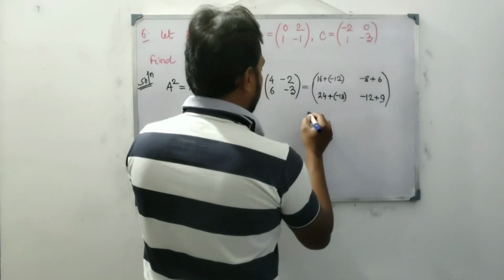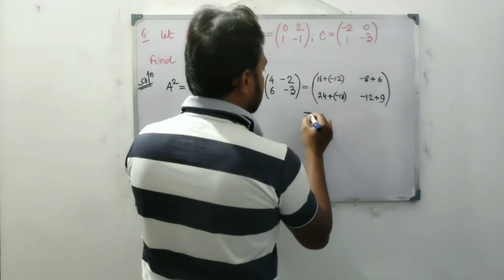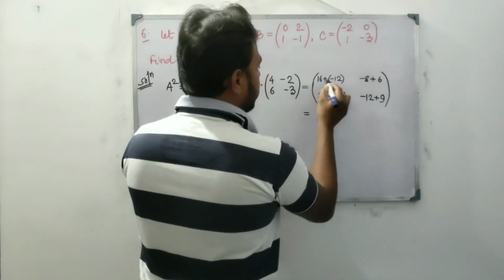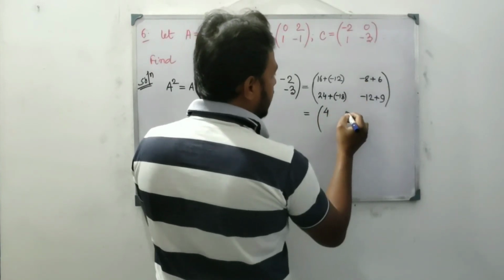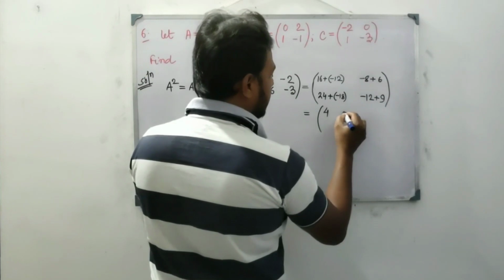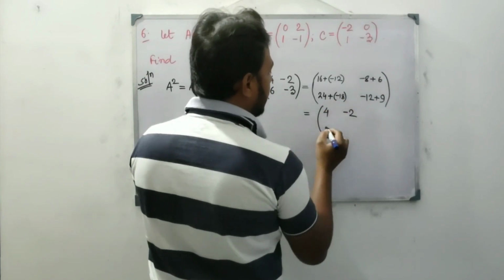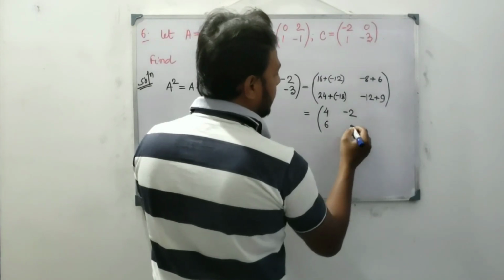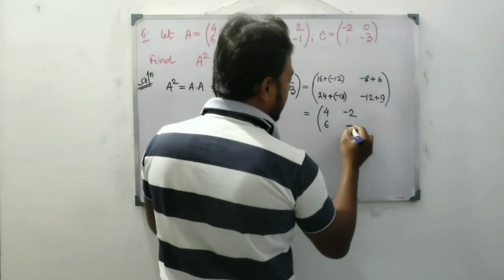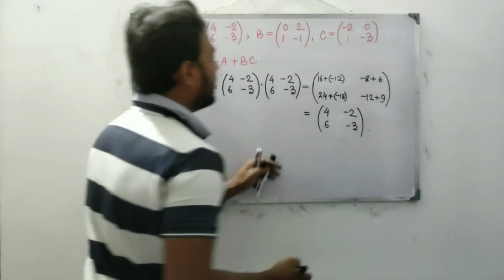So we get 16 minus 12, that means 4. This is minus 8 plus 6, which means minus 2. 24 minus 18 is 6. And minus 12 plus 9 means minus 3. So this is our A square.